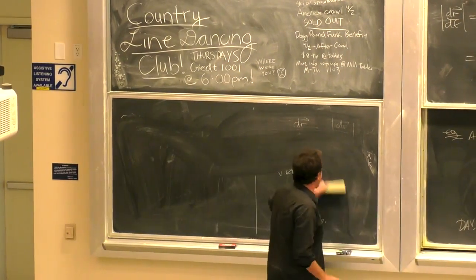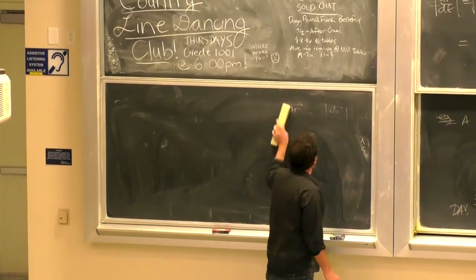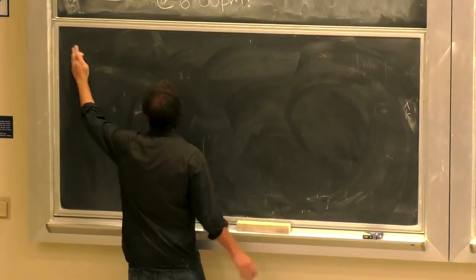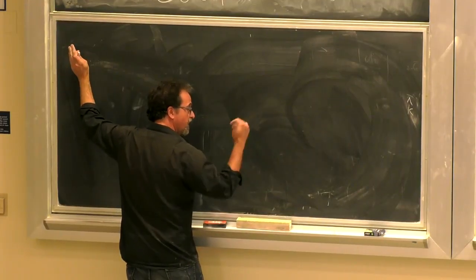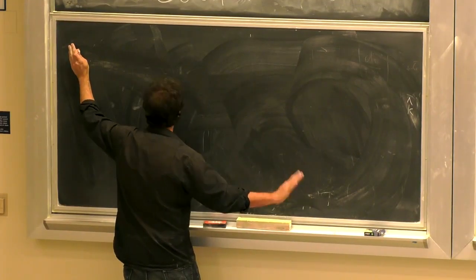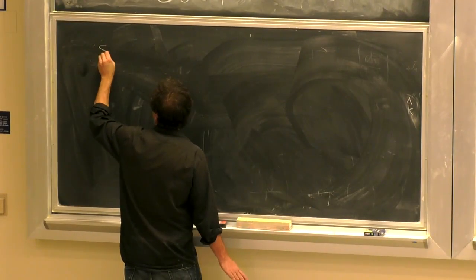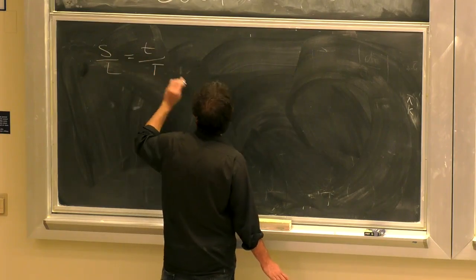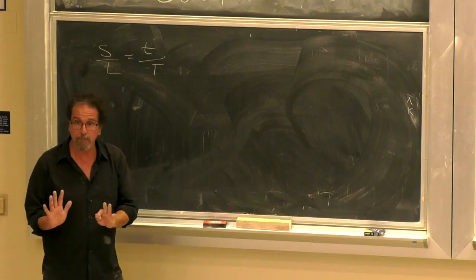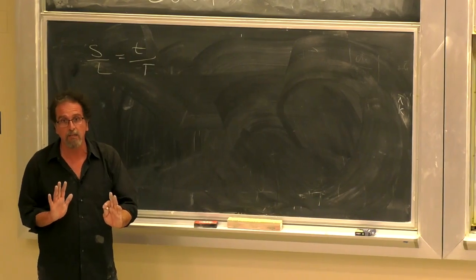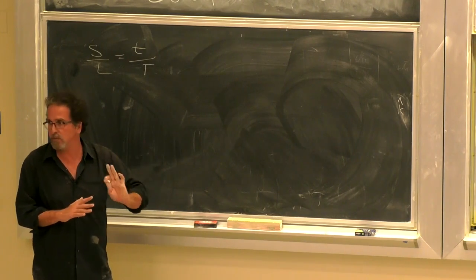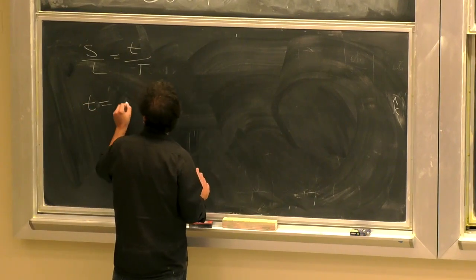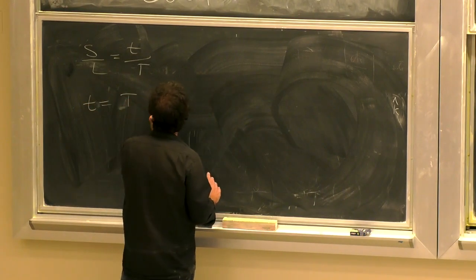Now, if I write it that way, for this simply parametrized helix, it's really simple. You have s divided by L is equal to t divided by T. It's because it's a simple shape. It's the circle and the line that it comes out this nicely, and in general, it's not going to come out this nicely. Put differently, t is equal to capital T times s over L.